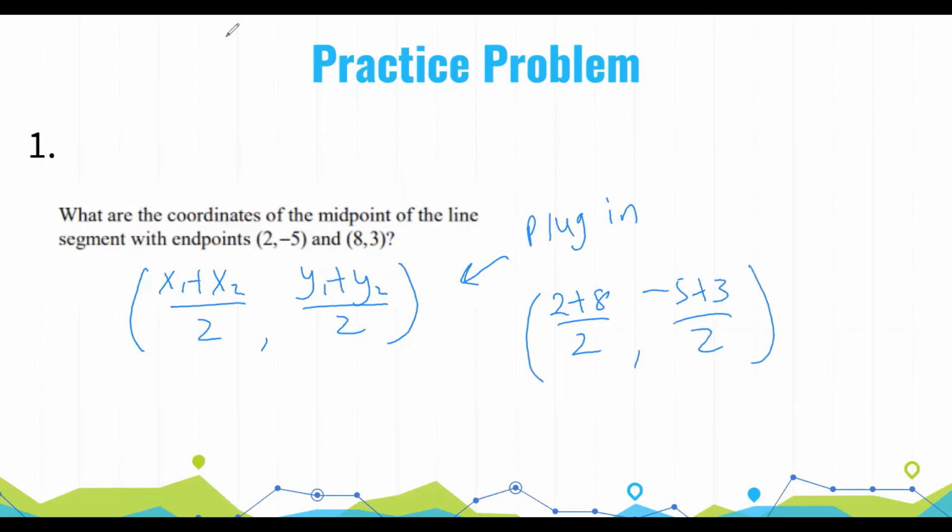You add them up and divide by 2 because it's the middle, so it would be half, and you would get 5. I think it should be 5 and -1.